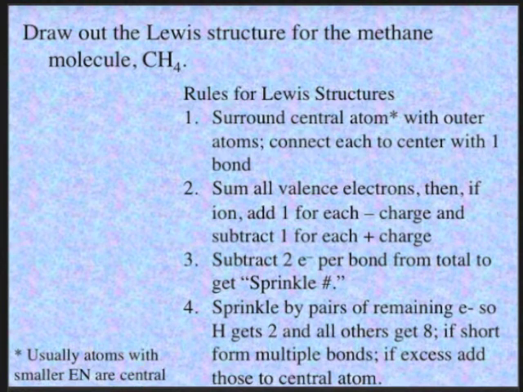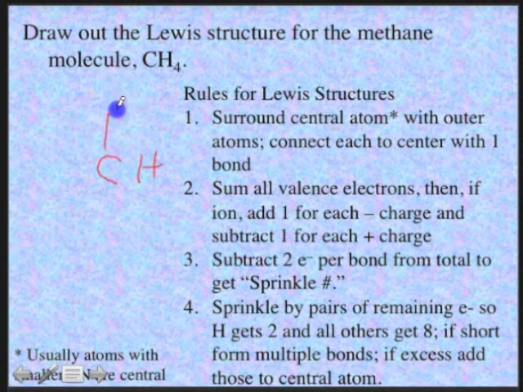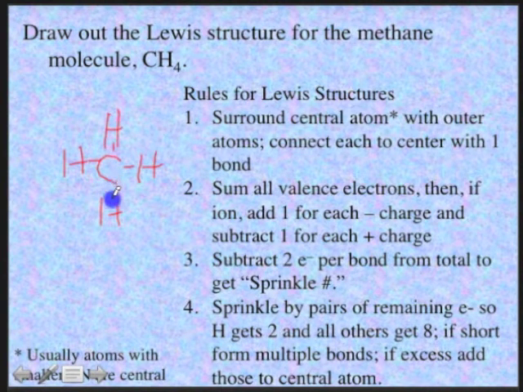So it wouldn't be a very good central atom. So in this, we're going to take our carbon and surround it with 4 hydrogens, and then connect each hydrogen with 1 bond with a dash.